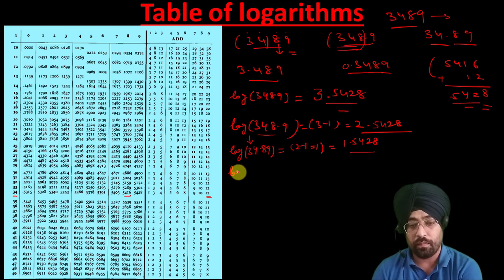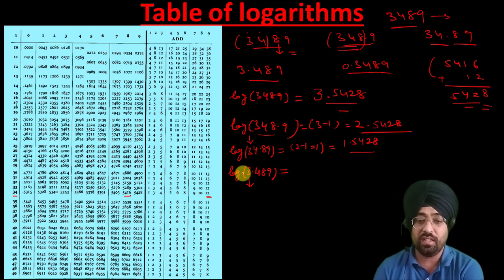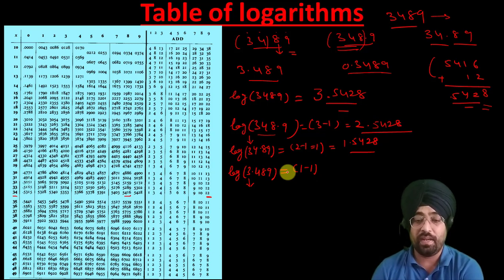Now log 3.489. Again the digits are the same, so the mantissa is the same, but now we have only one digit in the integral part, it is 3, and 3 is greater than 1. So its characteristic will be 1 minus 1, which is 0. So these rules to find the characteristic, please see my lecture on how to find the characteristic. There are various rules I have discussed.